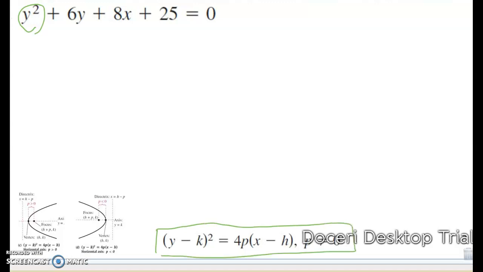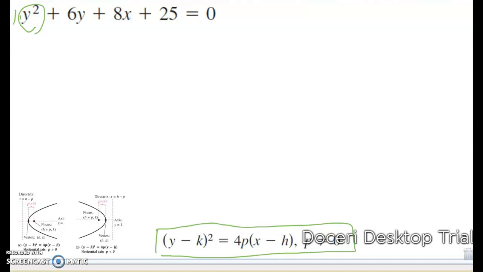Very similar, except now we have y squared, which indicates it's going to open either to the right or to the left. One important thing to notice here is we do have a 1 in front of the y squared. This is going to make our life easier when we're completing the square.